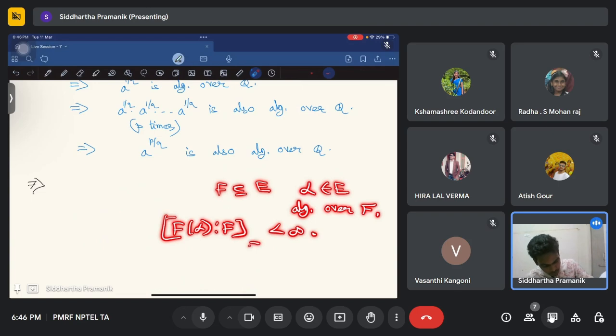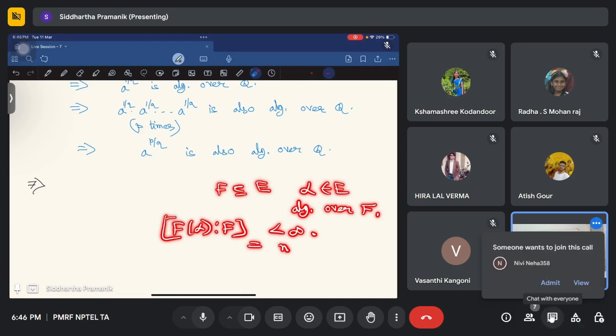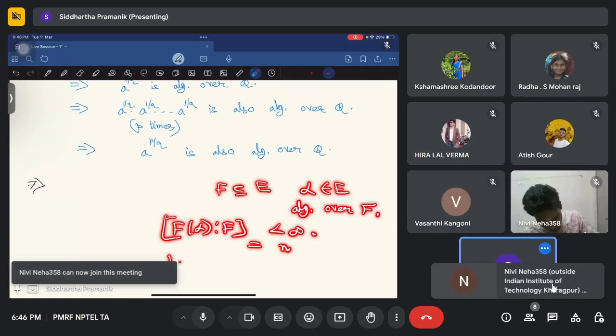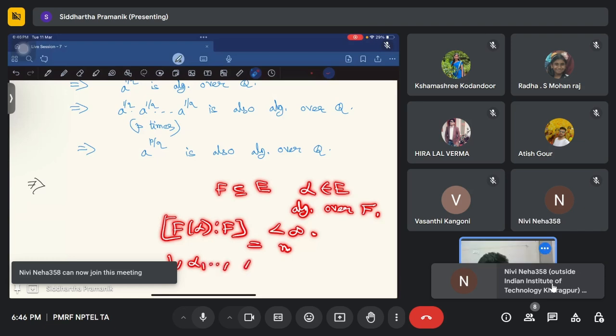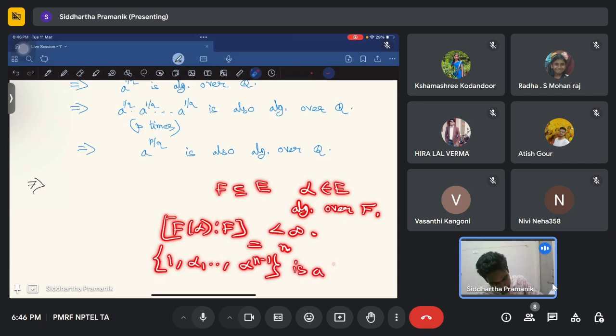If this degree is n, then 1, alpha, up to alpha^(n-1) is a basis of F(alpha) over F.